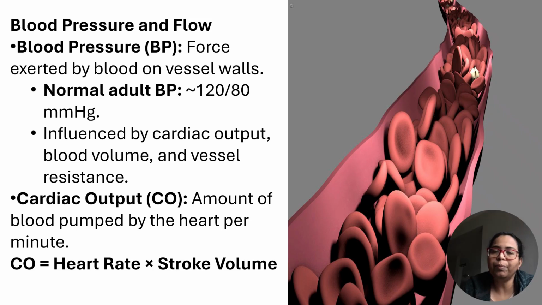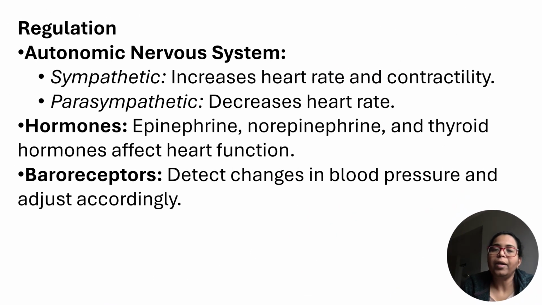And cardiac output means the amount of blood pumped by the heart per minute. Cardiac output is calculated by the heart rate multiplied by the stroke volume. And the heart is regulated by the autonomic nervous system.